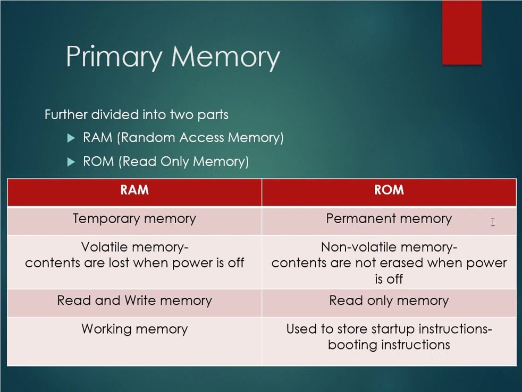ROM is permanent memory, non-volatile. The contents remain when you shut down the computer. It won't be erased, and it is read only. This kind of memory type is used for a special purpose, like storing startup instructions or booting instructions.